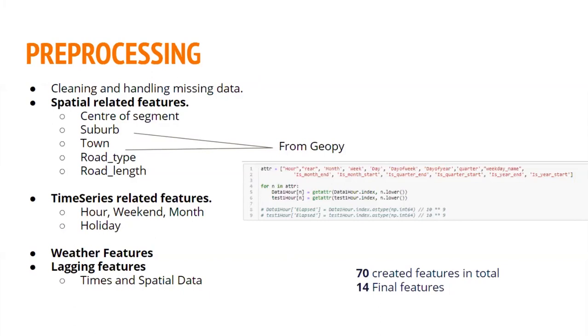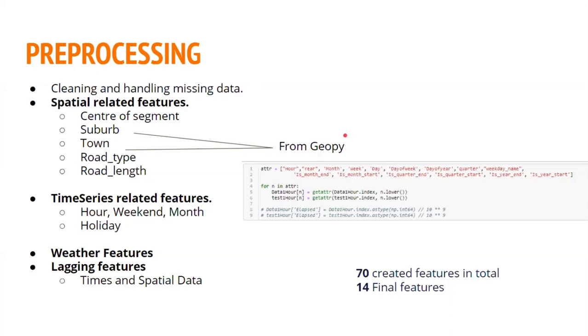We also had to get the suburb and the town of a particular road segment. We're not given that data in the main data set. So how did we get the suburb and the town? We used a library called GeoPy.